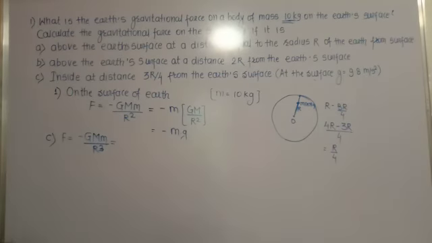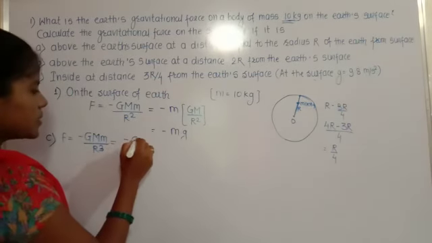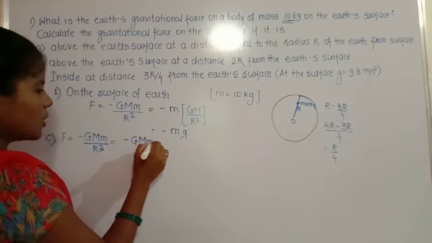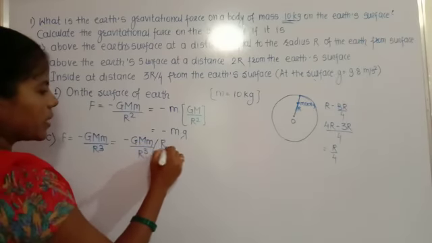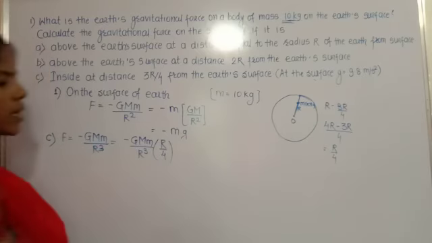So it is minus G capital M small m divided by R cube into the distance R by 4.